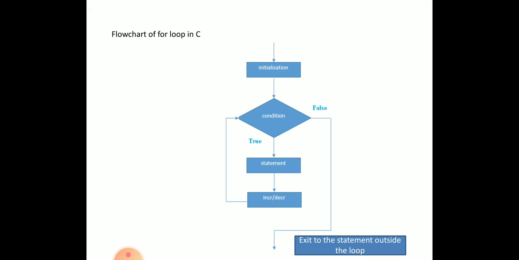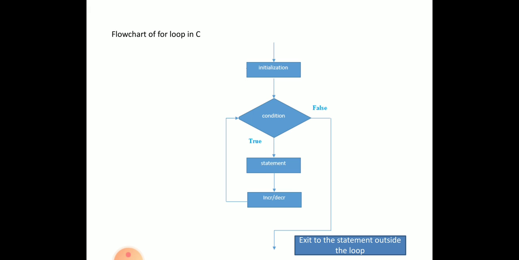After initialization, it checks for the condition. If the condition is true, the statement given in the for loop will be executed, and after executing the statement given in the for loop, it increments or decrements, depending upon the program.